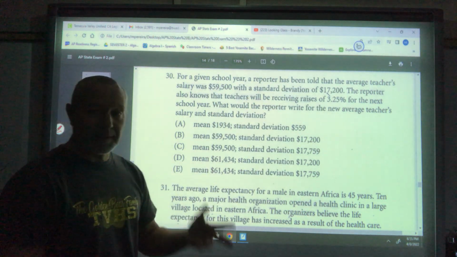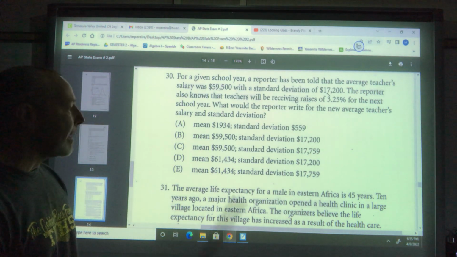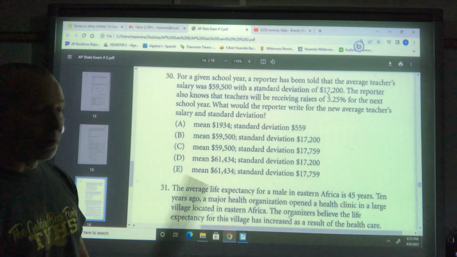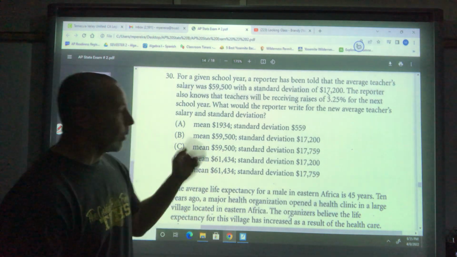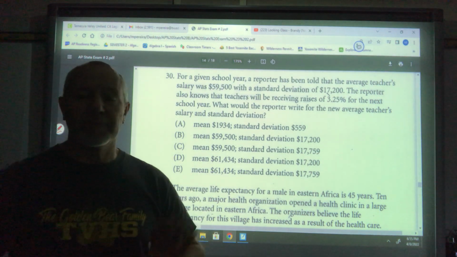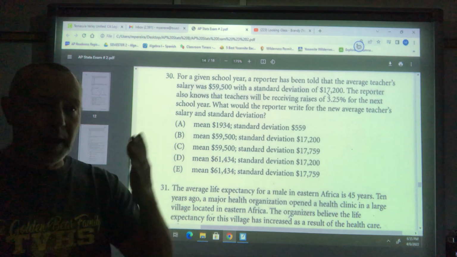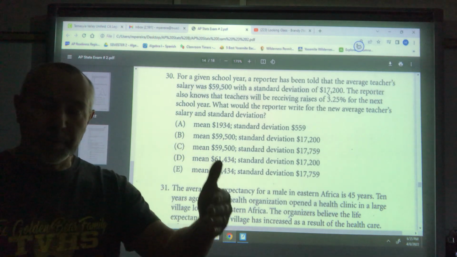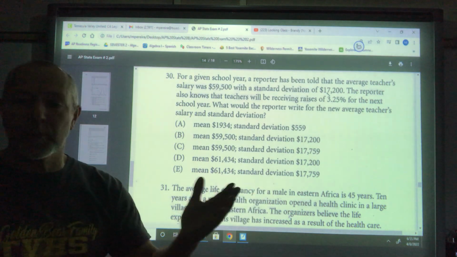All right, the tricky part is the standard deviation. If you remember, if I add a constant value, so let's pretend all the teachers, their average was 59,500. If they each got a $1,000 raise, then the lowest teacher would move up 1,000, the highest teacher would move up 1,000, and the spread between them would remain the same.